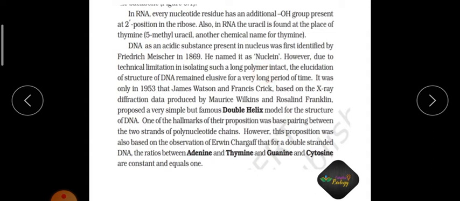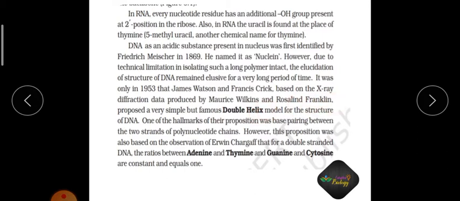And later in the year 1953, the double helical structure of DNA was proposed by James Watson and Francis Crick. They used the data of X-ray diffraction technique performed by Maurice Wilkins and Rosalind Franklin.